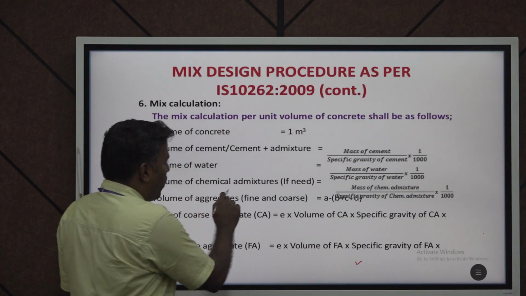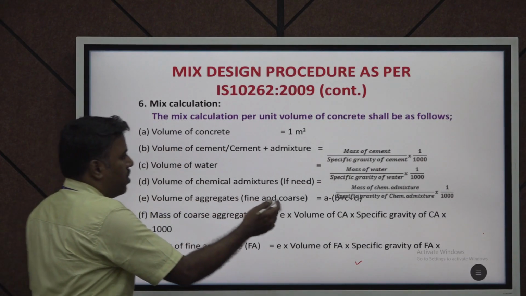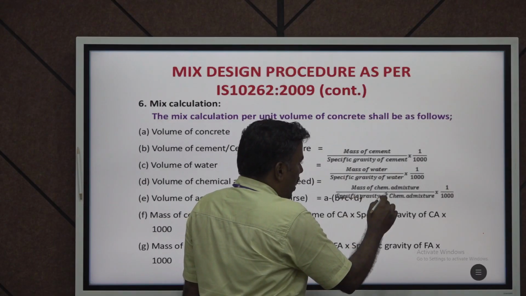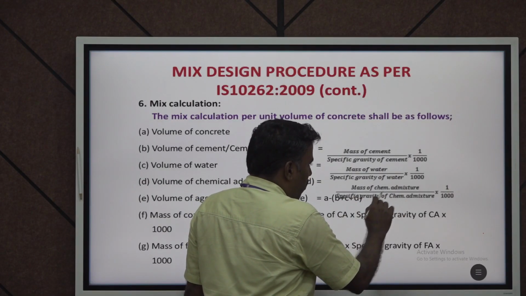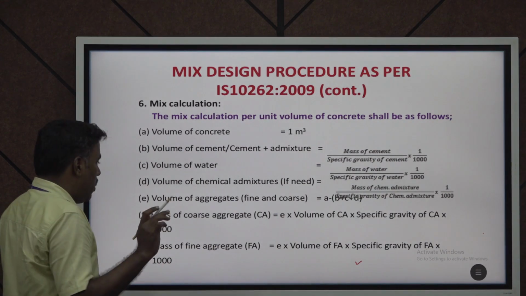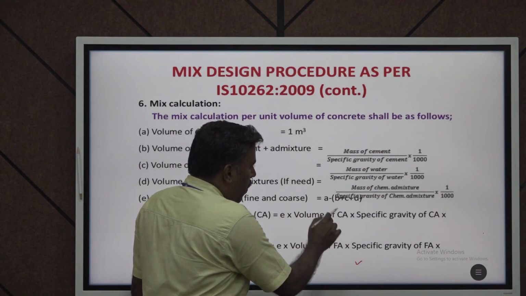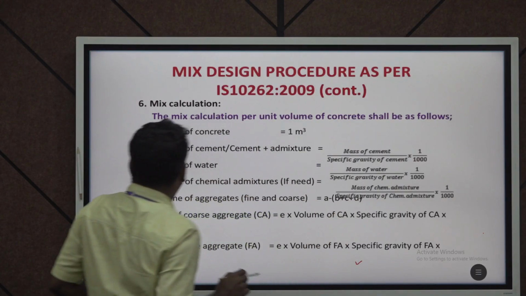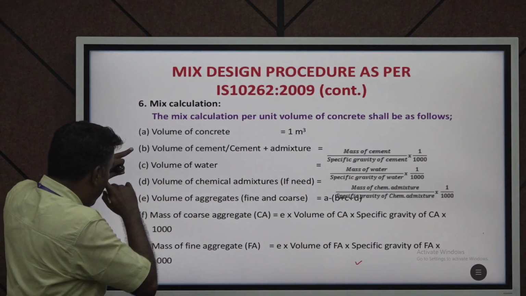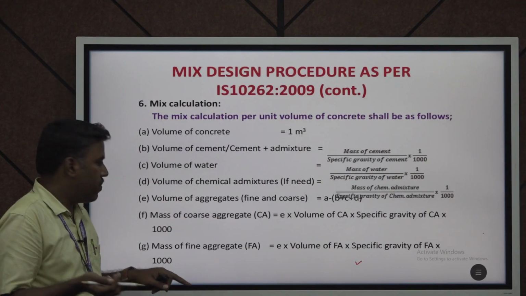Next one is volume of chemical admixture. This is if necessary. If needed, we use this formula: mass of chemical admixture divided by specific gravity of chemical admixture into 1 by 1000. Next one is volume of aggregates. For that, A minus B plus C plus D is the volume of aggregates.